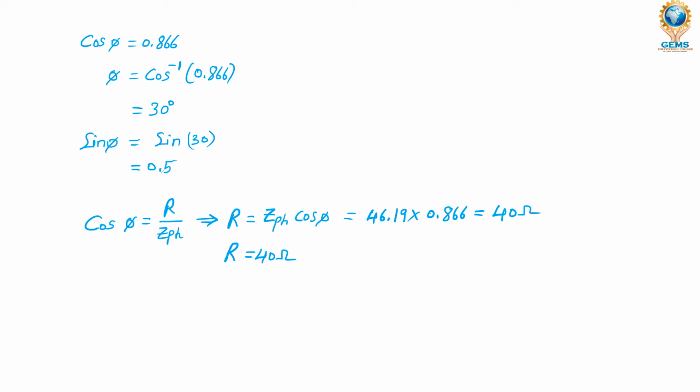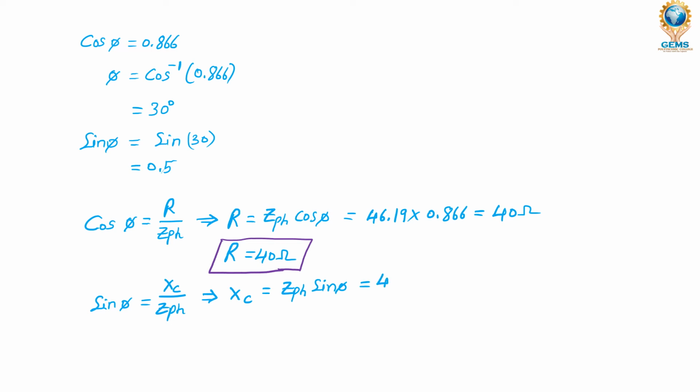Next we have to calculate capacitance. How to calculate the capacitance? We have one more formula, sin phi. Sin phi is equal to Xc by Z phase. From this we can write Xc equals Z phase into sin phi.